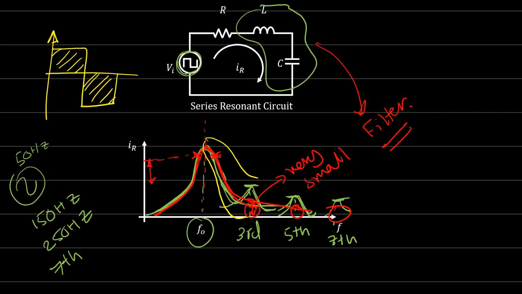The third, fifth, and seventh will be far away from the fundamental frequency, so you'll be able to cancel them using a smaller filter. You'll not be able to use a large filter at this moment, right? So we always prefer higher frequencies, because the third harmonic will be even further away, and your resonant circuit will be able to cancel this harmonic easily.